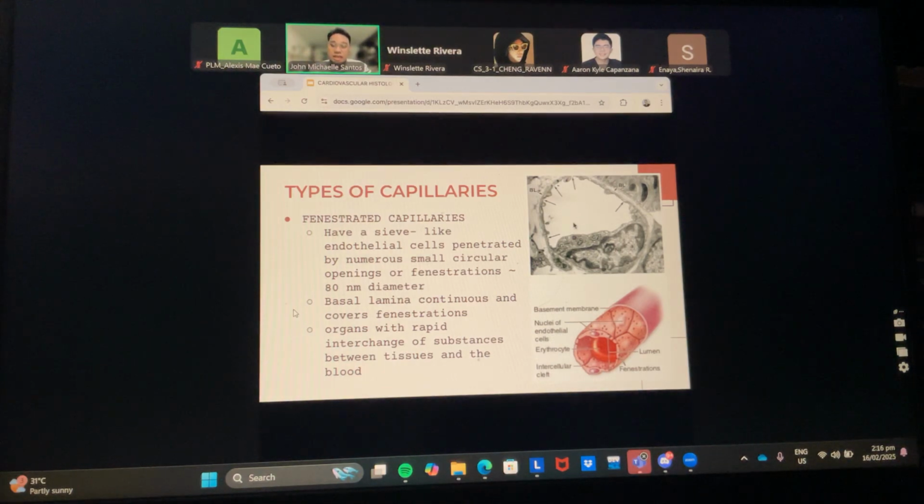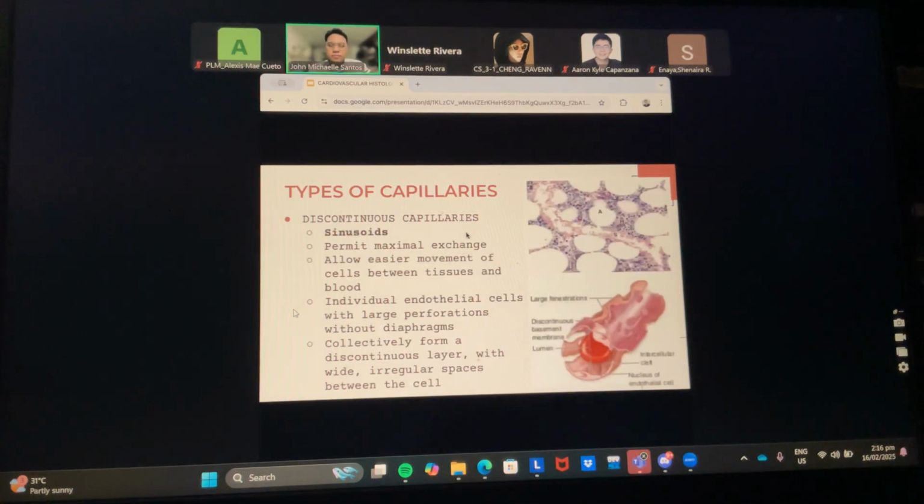Kidney, intestines, choroid plexus, which gathers now the waste substances in your cerebrospinal fluid, and then your endocrine glands, because there is interchange of substances between tissues itself and the blood. Okay? So from tissues, yung mga waste doon sa tissues mo, pupunta siya sa blood via your fenestrated capillaries.